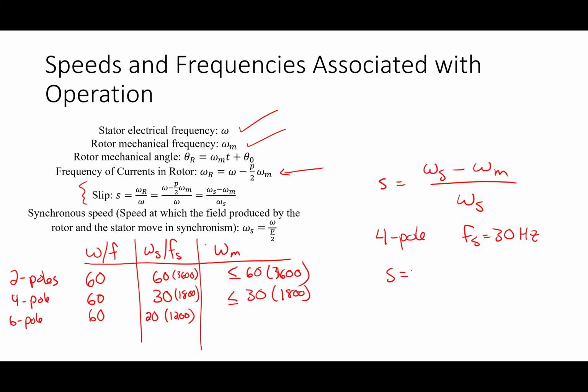What would the slip be? 0. So we say it's 0 slip away from its maximum. The worst case scenario would be slip equal to 1, or 100% away from its maximum speed. What mechanical speed would that be? If it's not moving, 0.